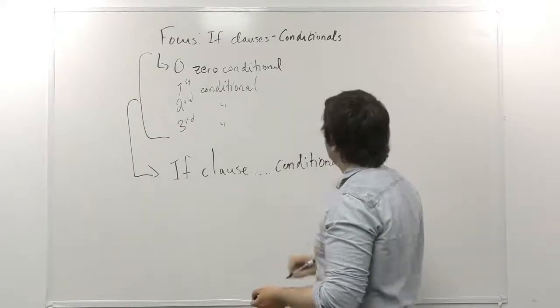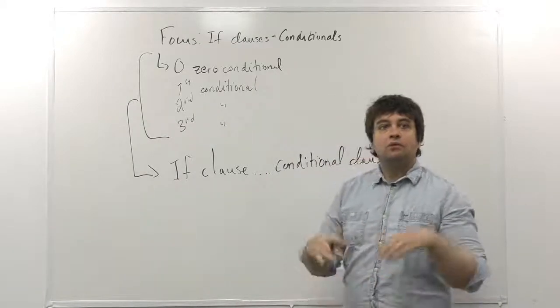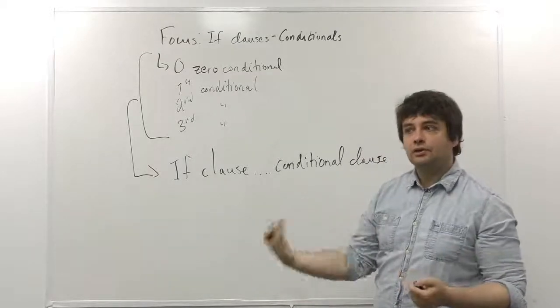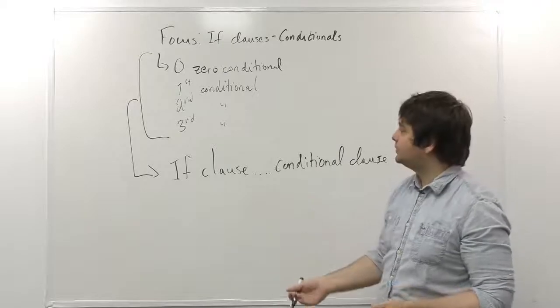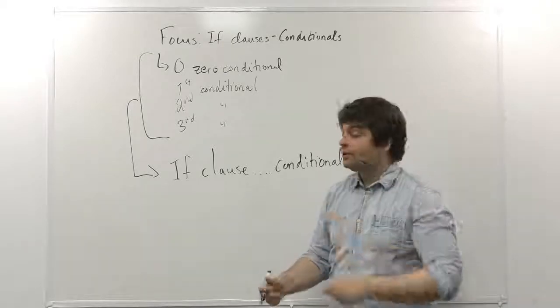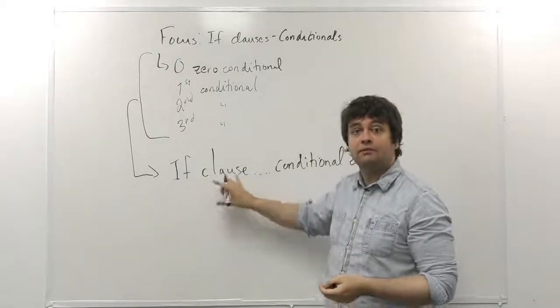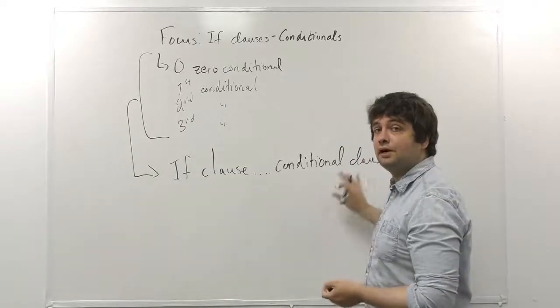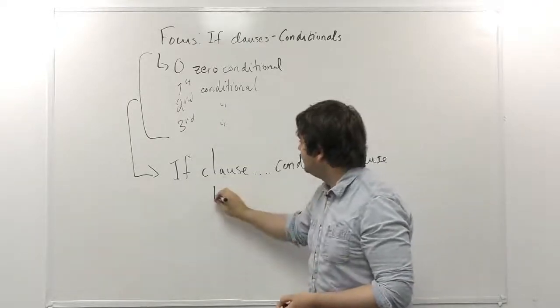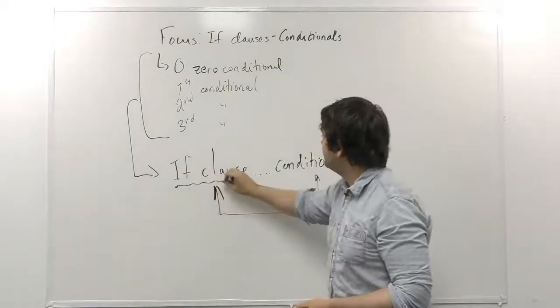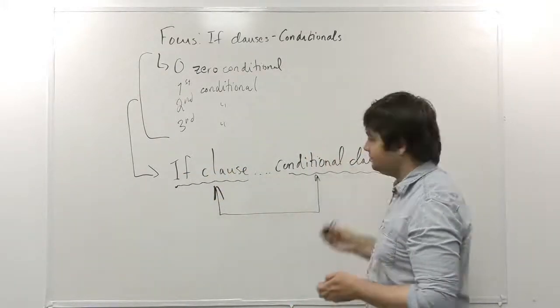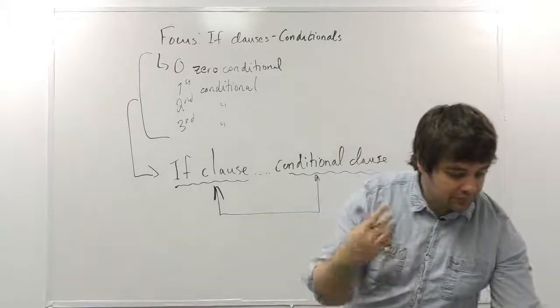Now, this will always be the same, regardless of whether you're using the zero conditional, the first conditional, second conditional, or third conditional. But also remember that it doesn't always have to be the if clause first, conditional clause next. You can switch these around, and that is okay. Okay, guys, but just wanted to point that out.